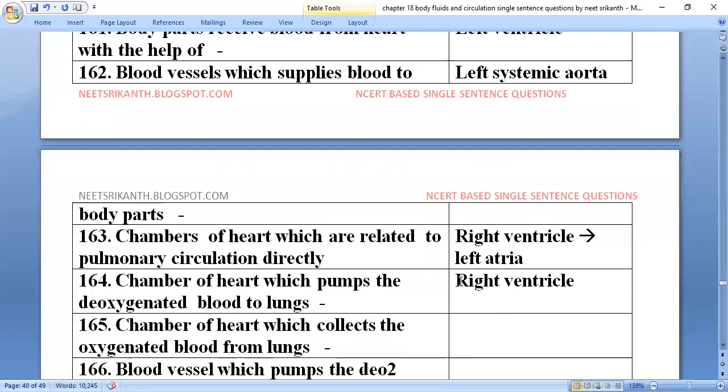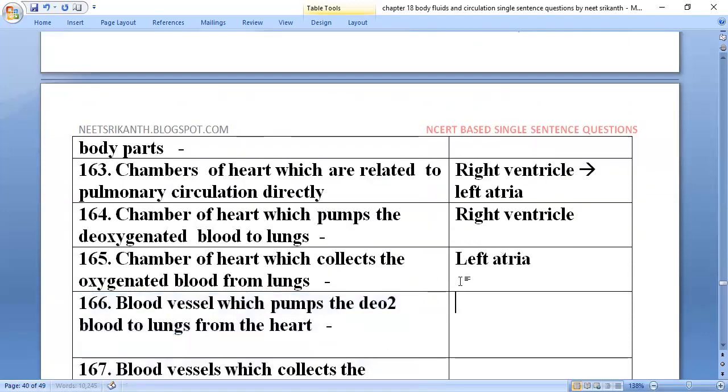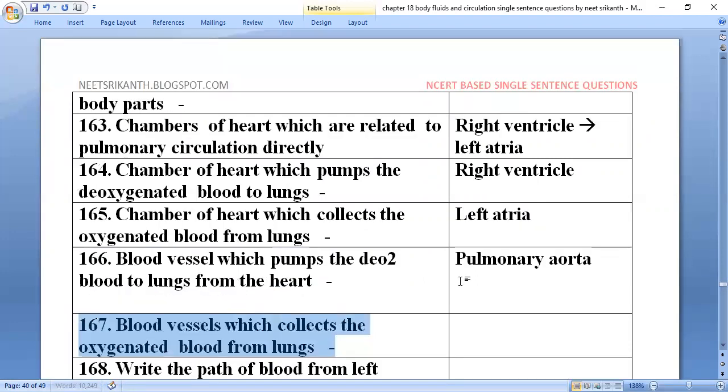Chamber which collects oxygenated blood from lungs is left atria. Blood vessel which pumps the deoxygenated blood to lungs is pulmonary aorta.